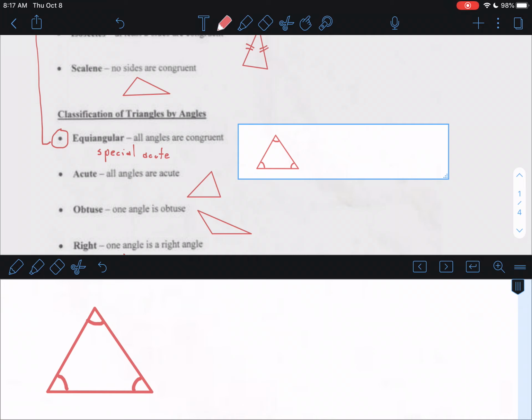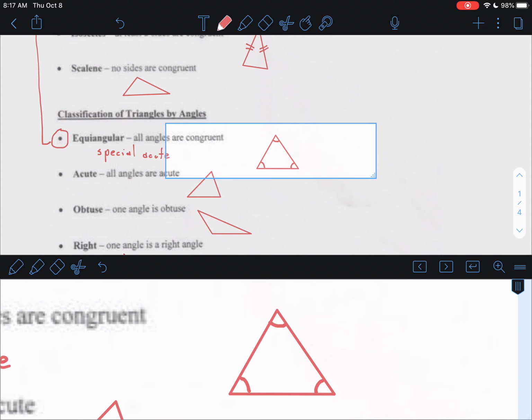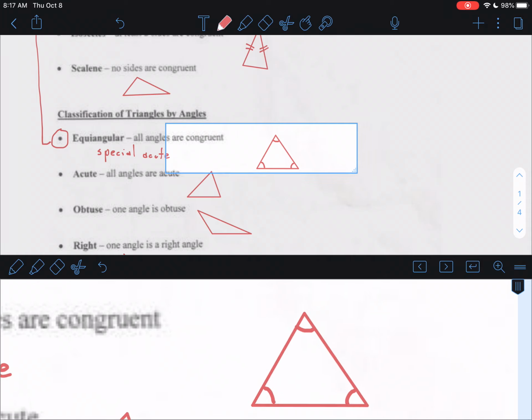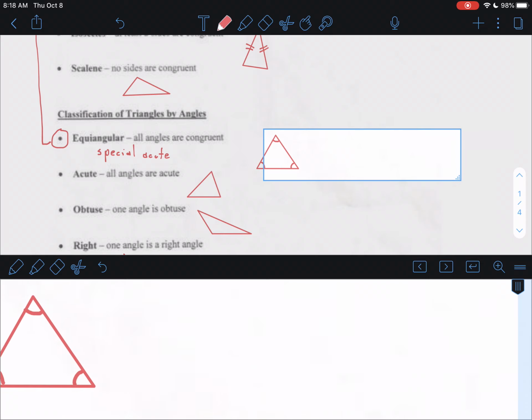Since I know that a triangle has three sides, three angles, and the interior angles always have to add up to 180 degrees, that means that in an equiangular triangle, I just have to take 180 and divide that by 3 to determine what the measures of those angles are. So in an equiangular triangle, the measures of the angles, I'll draw myself a new equiangular triangle here.